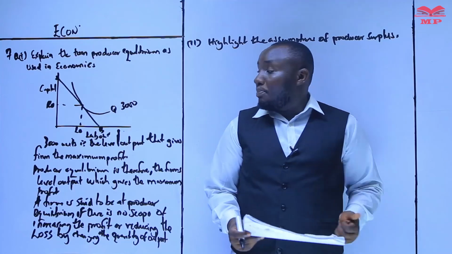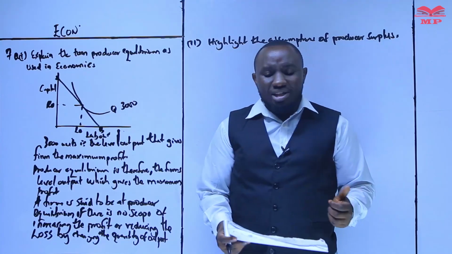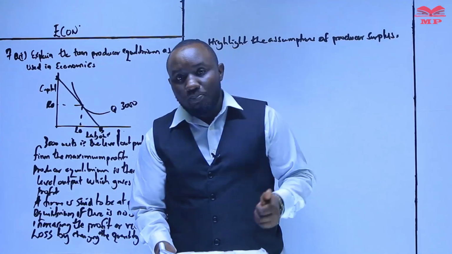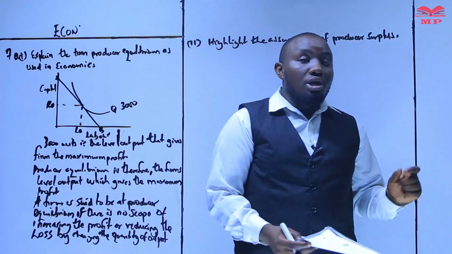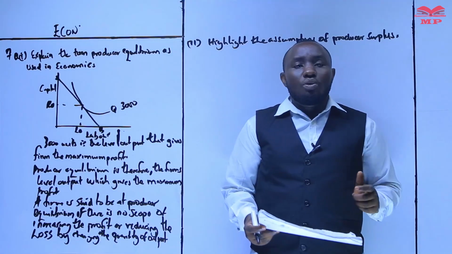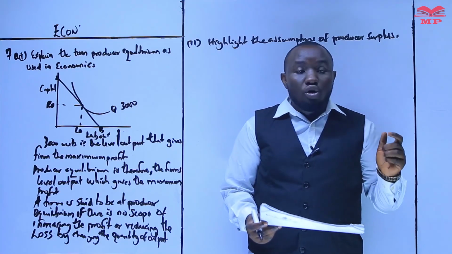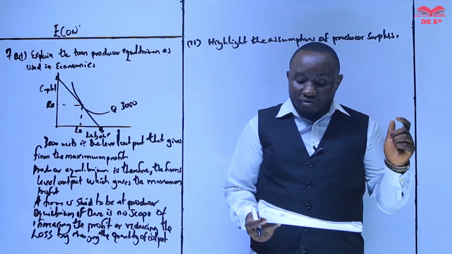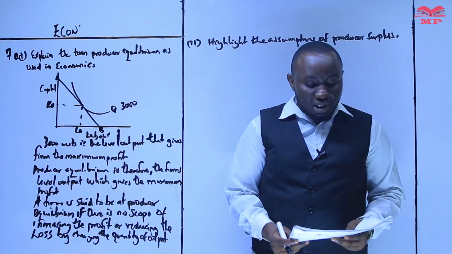So that is actually a benefit. If you're to draw, that is not of essence, but you can particularly have questions that will tell you to define a producer surplus and draw the diagram. But for this particular question, it has simply asked to highlight 5 assumptions of the producer surplus.